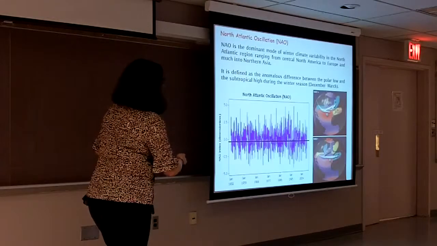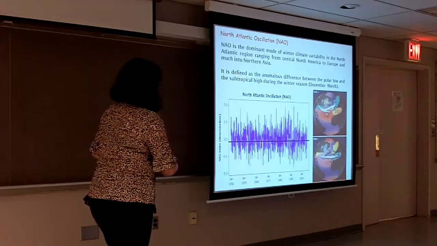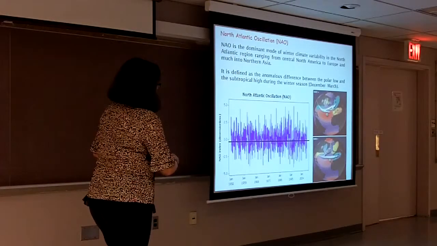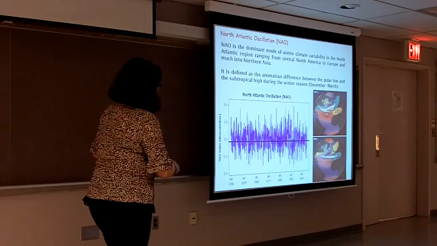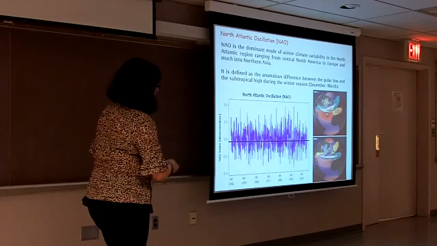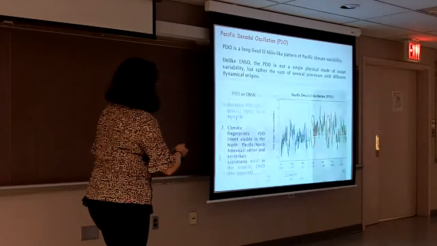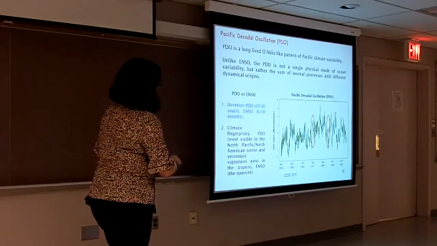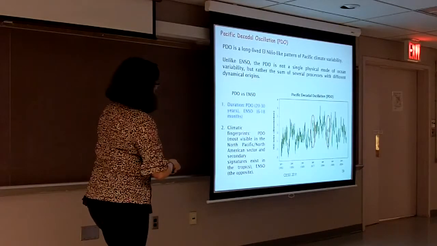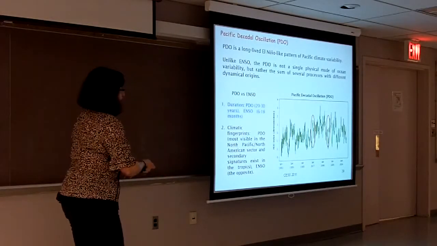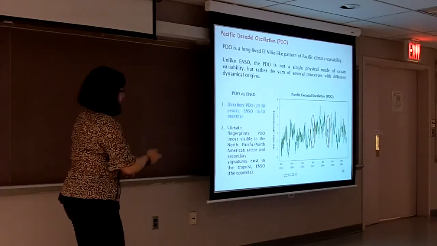The NAO doesn't show that kind of thing, but this variable was chosen because it involves certain patterns in the northern part of the planet, so they are totally different. And the PDO also shows two breakpoints in the time series data, so we have to model these breakpoints somehow in the model.